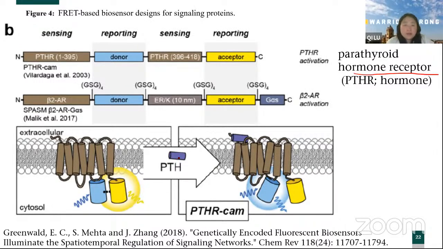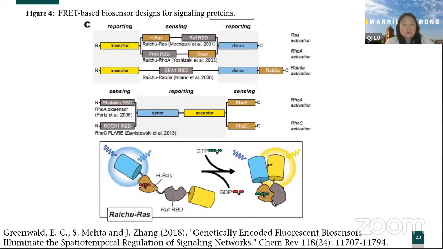So after binding with its ligand PTH, this receptor is a ligand-gated receptor, and it will cause the signals to change. Also, there are other studies based on beta-2 adrenergic receptors, also under this concept: after binding the ligand, the conformation change will cause the light wavelength change due to FRET.